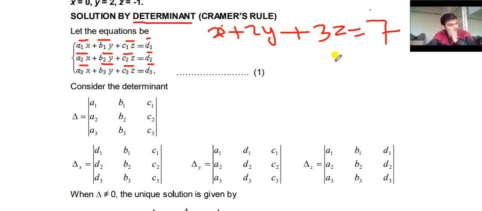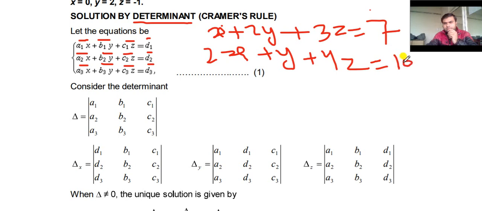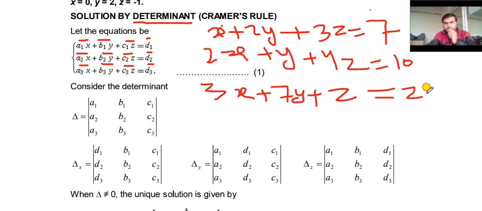The next equation is 2x plus y plus 4z is equal to 10, and the third equation is 3x plus 7y plus z is equal to 20. So these are the three linear equations.